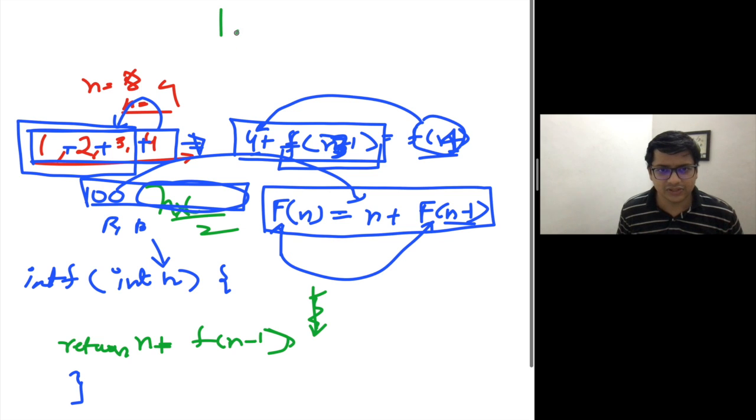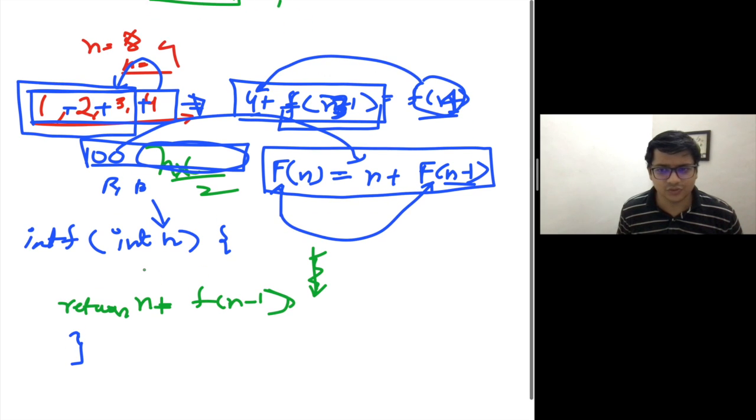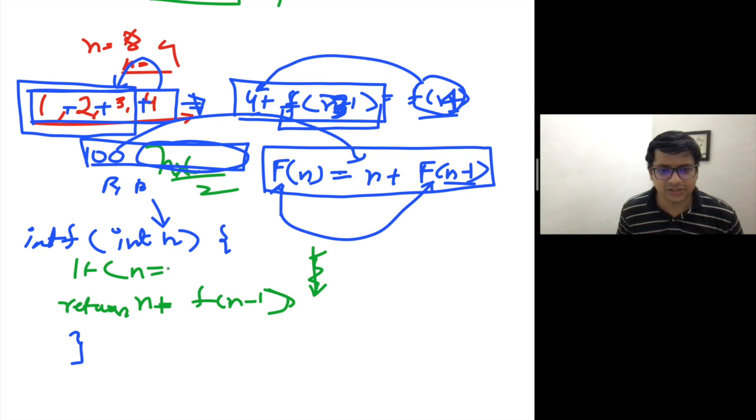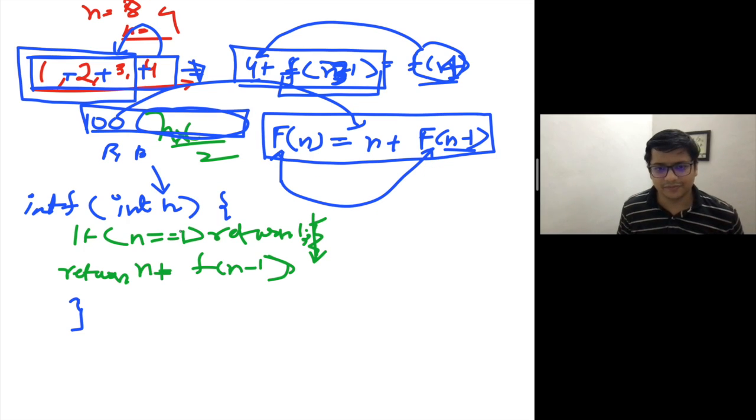We are starting from 1, 2, 3, 4. If we reach this particular position, we don't have anything to add. We can choose n equals 1 or n equals 0. So we can write our base condition as: if n is equal to 1, we return 1. So this will work actually.